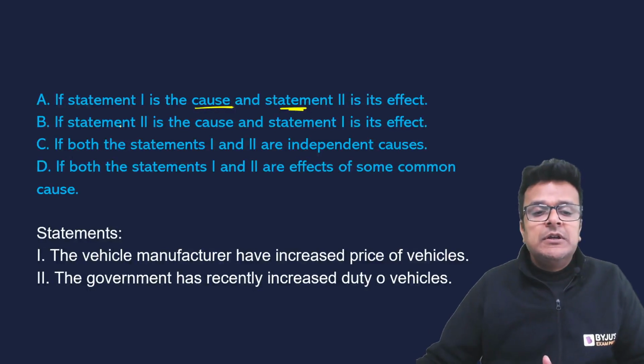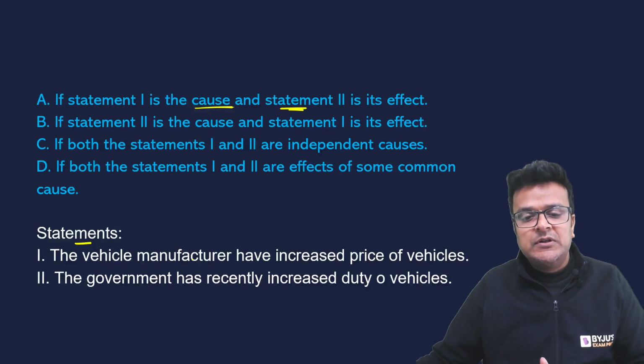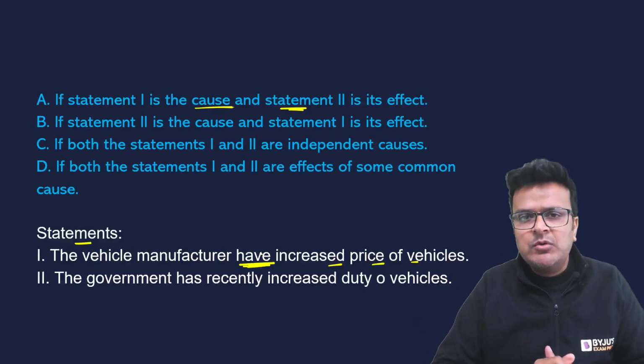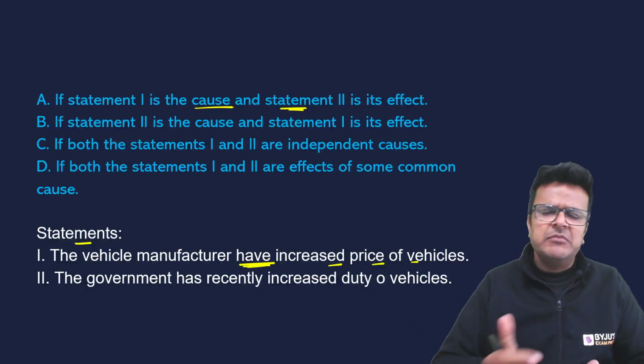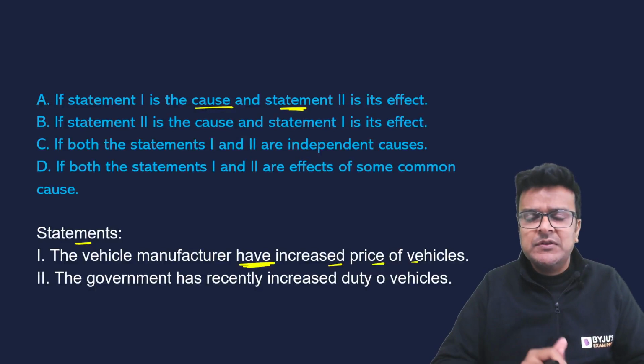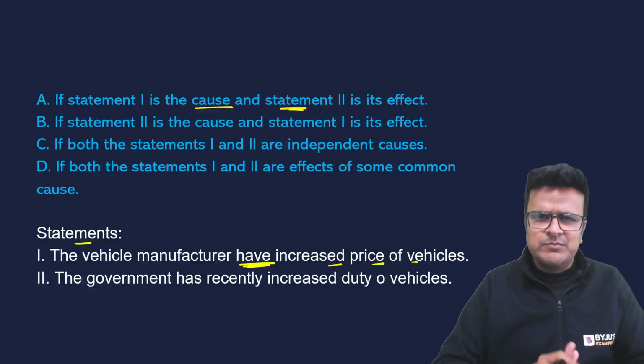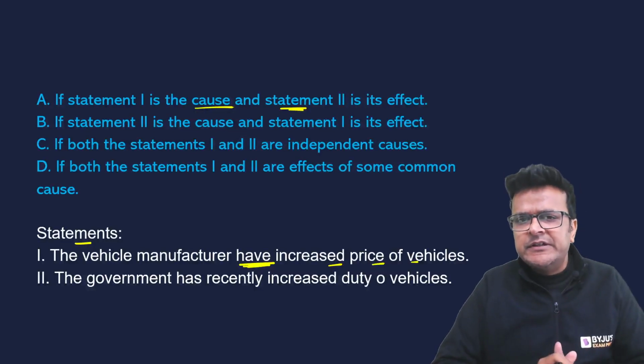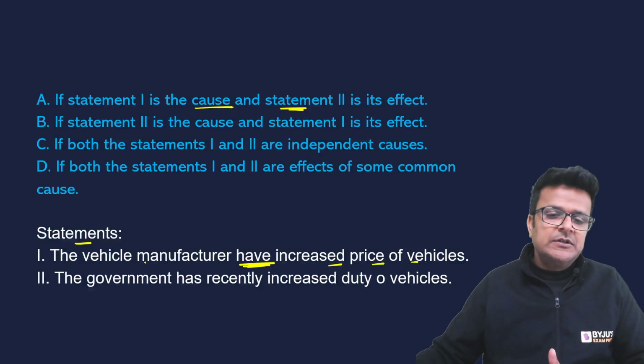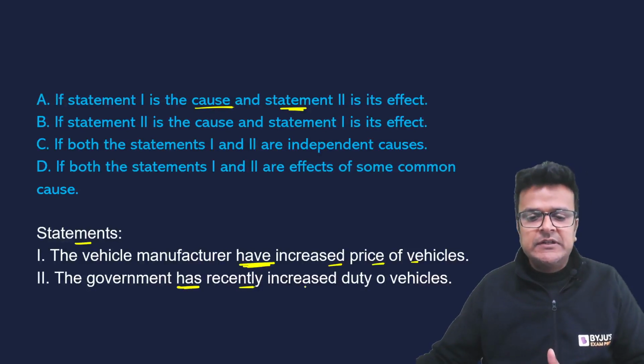Now if you look at the statements, the first one says the vehicle manufacturers have increased prices of vehicles. Have basically means the statement is talking about something recent, maybe in the last 1 week or last 1 month, but not 2 years back. The second says the government has recently increased duty on vehicles.